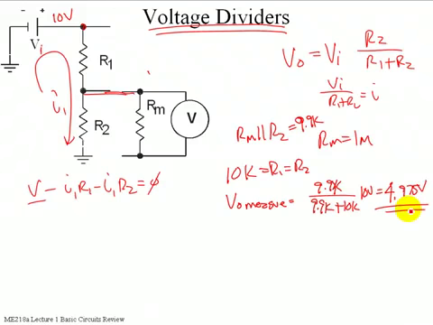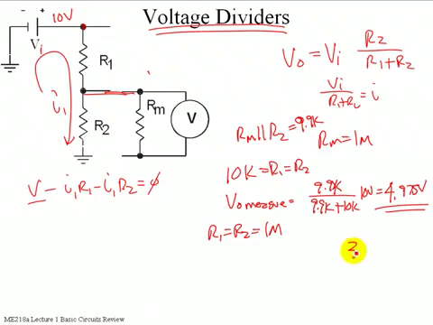Okay, let's run this again. Say R1 equals R2 equals a mega ohm. Now what are we going to measure? Should be able to do this one in your head, really.